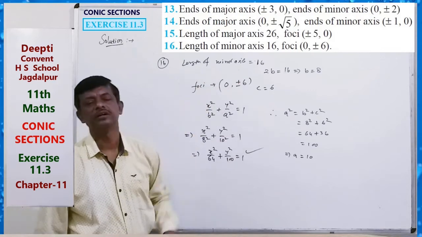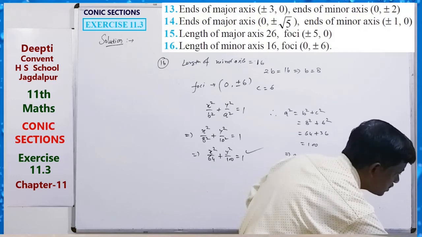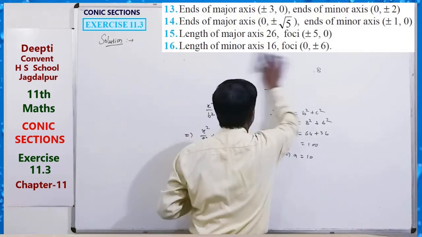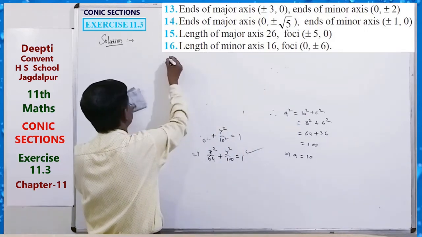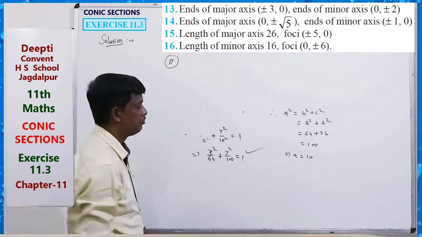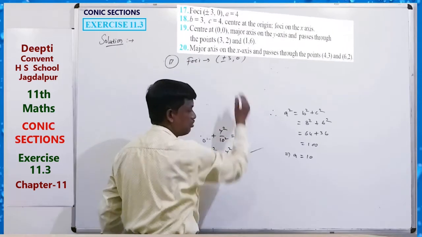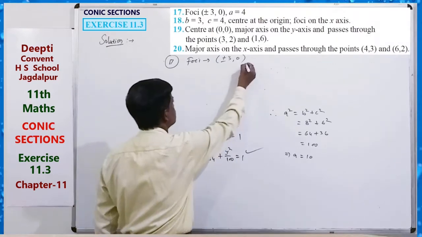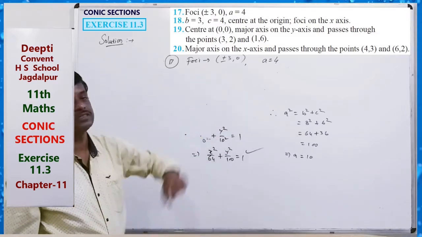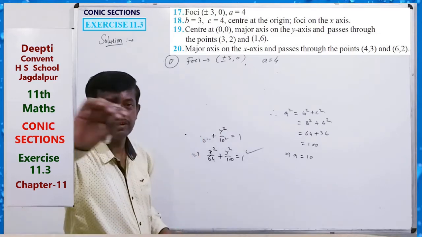It depends on the condition. Okay, question 17: find the equation of the ellipse with foci (±3, 0) and a equals 4. The foci are given as (±3, 0) and it is also given that a equals 4. Since the y-coordinate is 0, the major axis is along the x-axis.